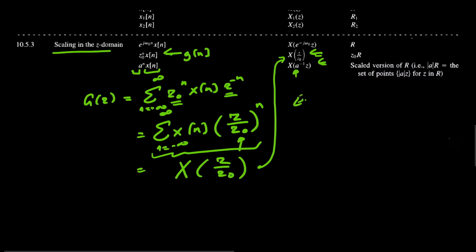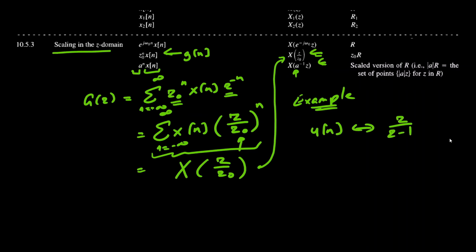So as an example, again say u of n is being considered, and this is simply z over z minus 1 with absolute value of z greater than 1. Now say this z naught to the power n is multiplied with u of n, and we are saying that z naught is equal to say 2.